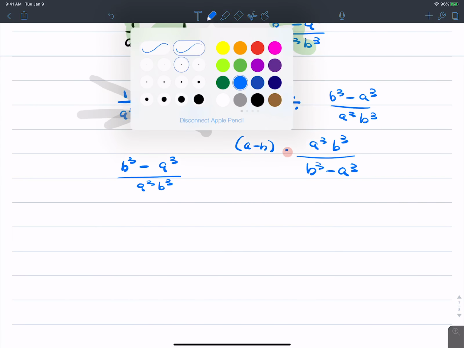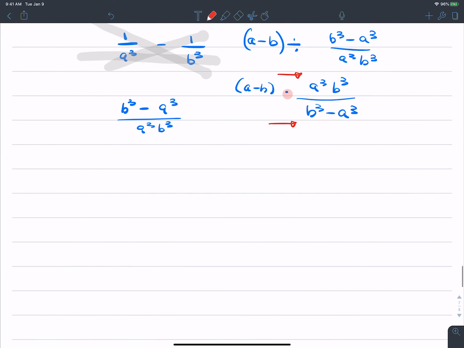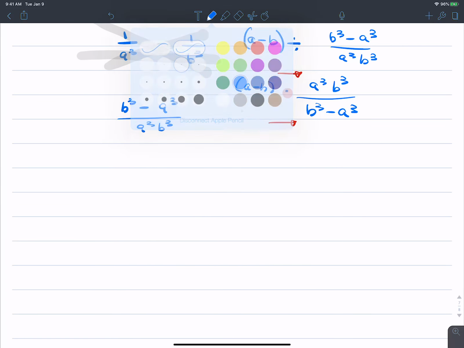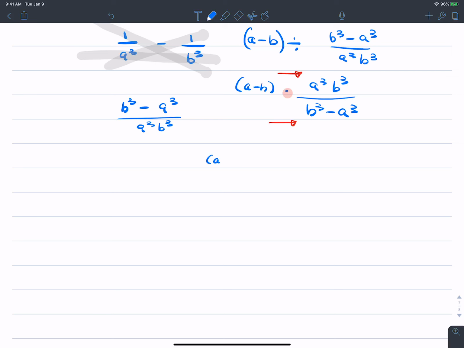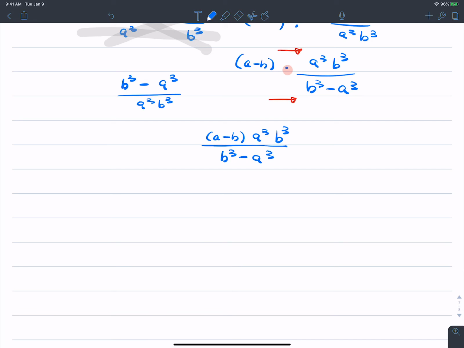So we're going to multiply here again straight across. Here's what you end up with. A minus b, a cubed b cubed over b cubed minus a cubed. Now we can do some factoring here in the denominator. We can factor this here. This is going to be the difference of perfect cubes.